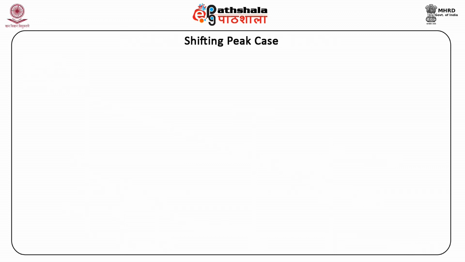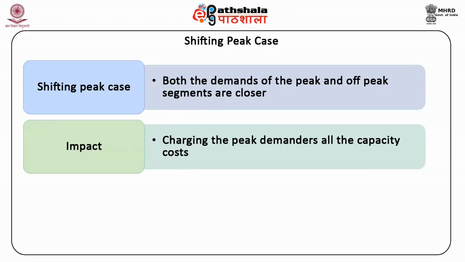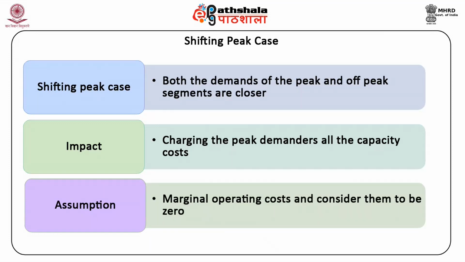Shifting peak case. We now consider a shifting peak case where both the demands of the peak and off-peak segments are closer. In this case, we consider the impact of charging the peak demanders all the capacity costs. We make a simplifying assumption regarding marginal operating costs and consider them to be 0.